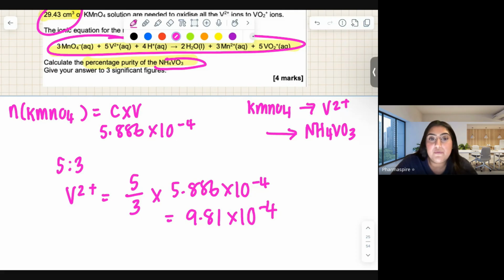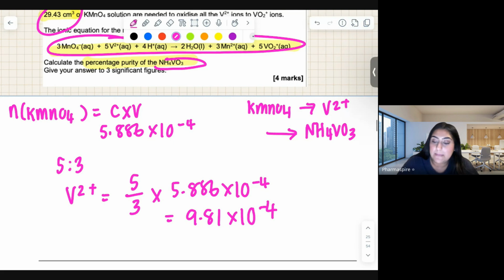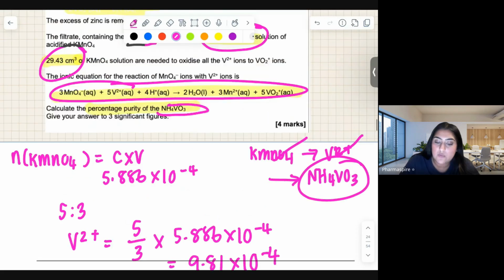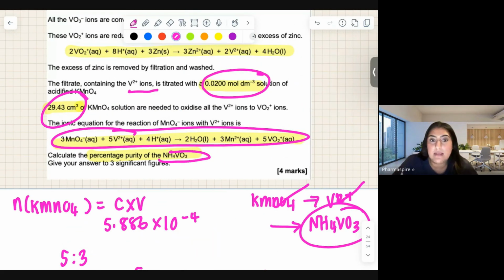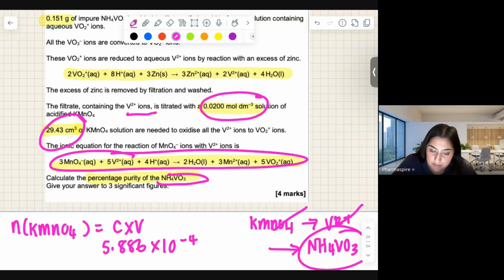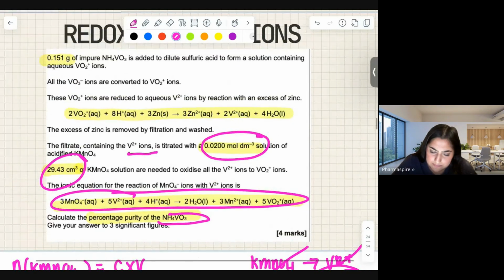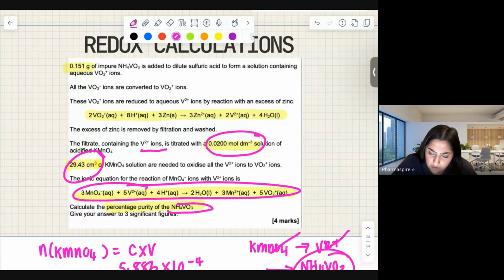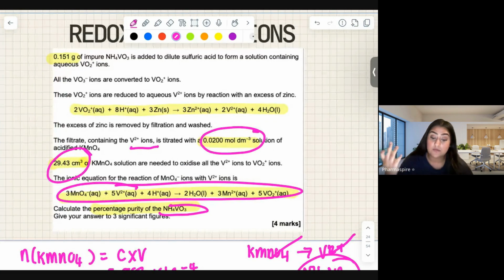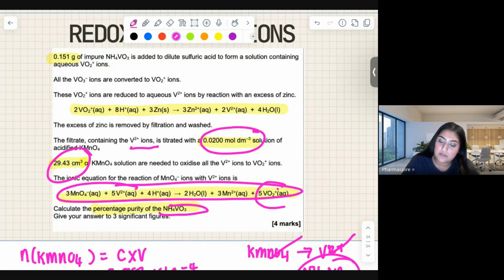Okay, step 3, we need to link it back. So we've done this one, we've done this one, we need this now. We actually need to link it back to the NH4VO3. If we look at NH4VO3, it's saying we've got VO3 moles. It becomes the VO2+ ion, sorry. So it's this to this. So it's a 1-to-1 ratio, isn't it?